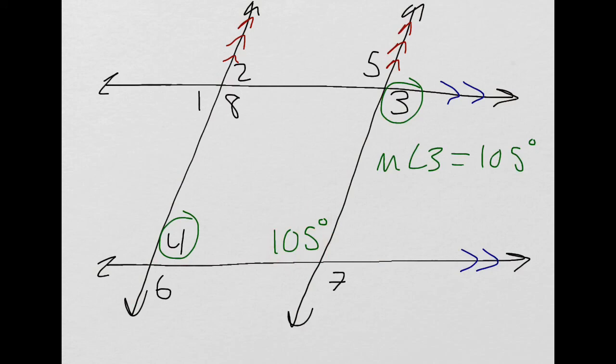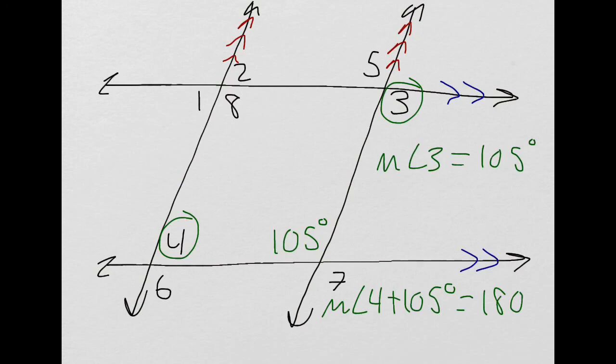And by the same side interior angles theorem, I know that angle 4 plus the measure of this angle, they're going to be supplementary angles. So I know that measure of angle 4 plus 105 degrees equals 180.